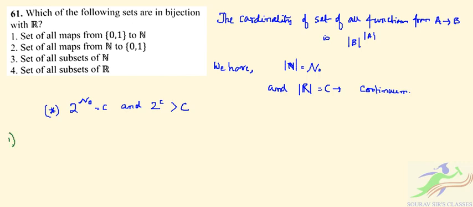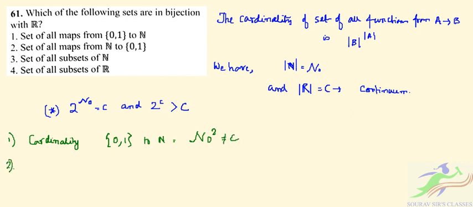The first, the cardinality of the set of all maps from {0, 1} to N. So putting the same over here, mod B to the power mod A, we have aleph-naught squared, which is not equal to C.